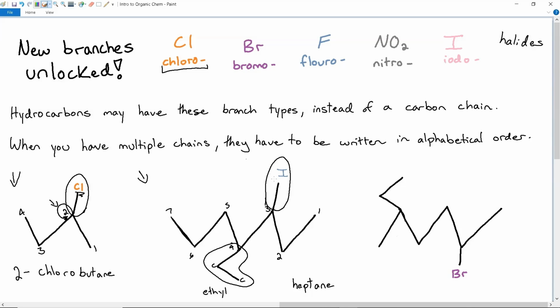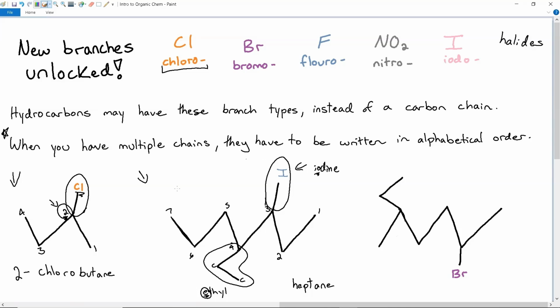So I need to put both of these branches in my name, but if I look at this rule over here, it states that when you have multiple chains, they have to be written in alphabetical order. So you might think, okay, the iodine comes first because it's on carbon 3, so I'm going to write iodine as my first branch. But since ethyl comes before iodine when looking at the alphabet, and it's embarrassing, but I often have to go back to the alphabet song to remember my alphabetical order, but that's always useful if you need it.